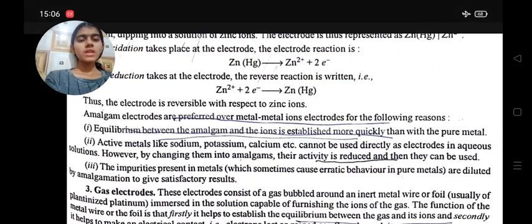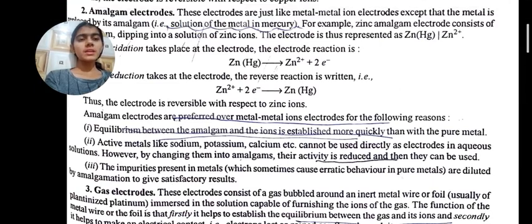Amalgam electrodes are preferred over metal ion electrodes for the following reasons. First reason is equilibrium between the amalgam and the ions is established more quickly than with the pure metal. Second reason is active metals like sodium, potassium, calcium, etc. cannot be used directly as electrodes in aqueous solutions.